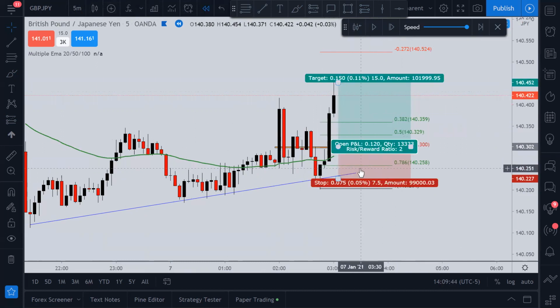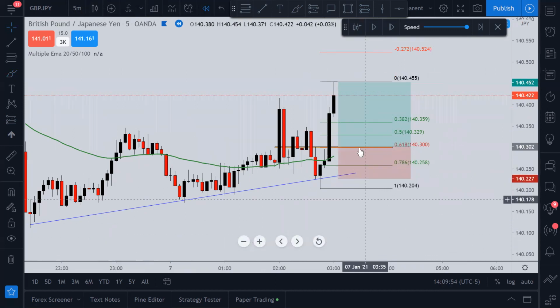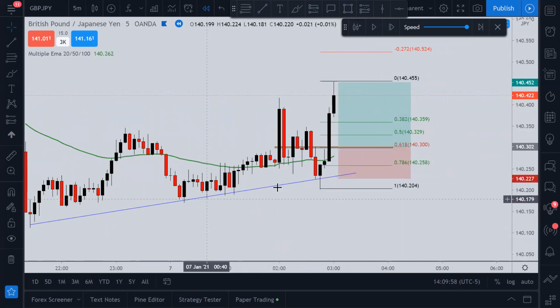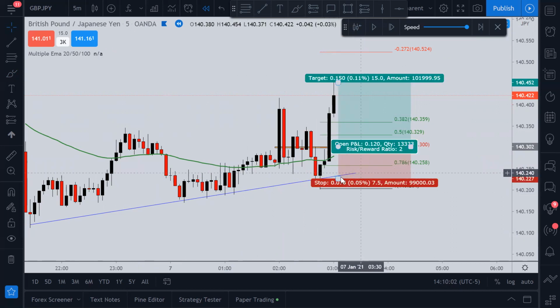If it goes past this line, if it closes past this 786, there's a higher probability that price will continue down. All right, and I'm no longer interested. Also, the stop loss is below our trend line, which would act as like a magic wall. You don't see it, but there's a wall here that'll act as defense.